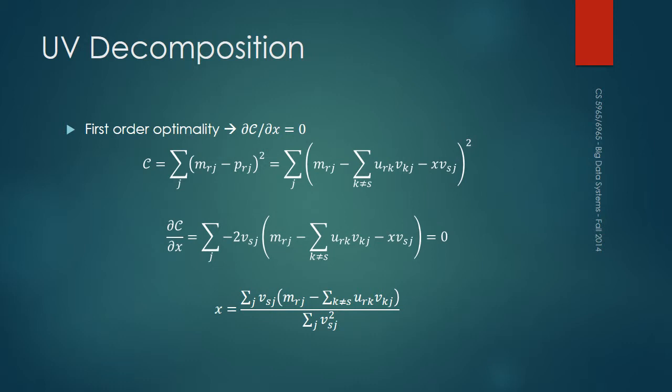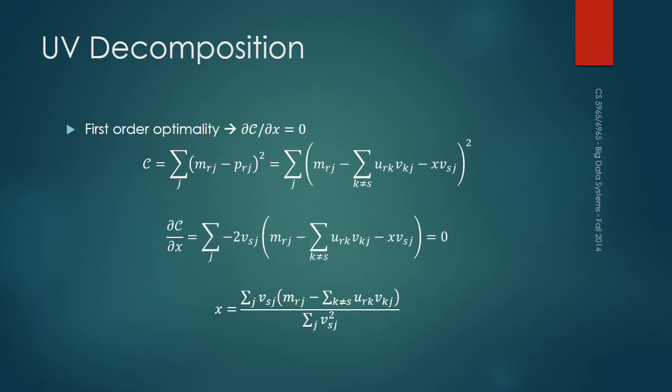Can you see where the derivative comes from? 2y if this whole expression is y, and then dy over dx, right? So this whole thing will give you minus vsj. So 2 coming from the power, minus vsj coming from this derivative, this whole term coming from here, right?